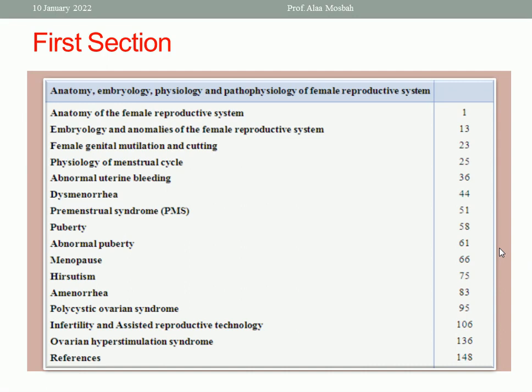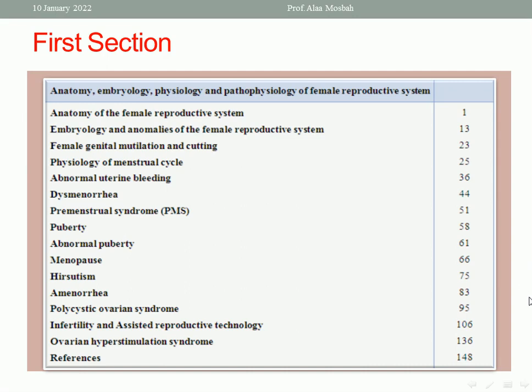Also, a chapter about hirsutism and amenorrhea and polycystic ovarian syndrome. Also, infertility and assisted reproductive technology and the complication of ovarian hyperstimulation syndrome. And this section ended with updated references at page 148.